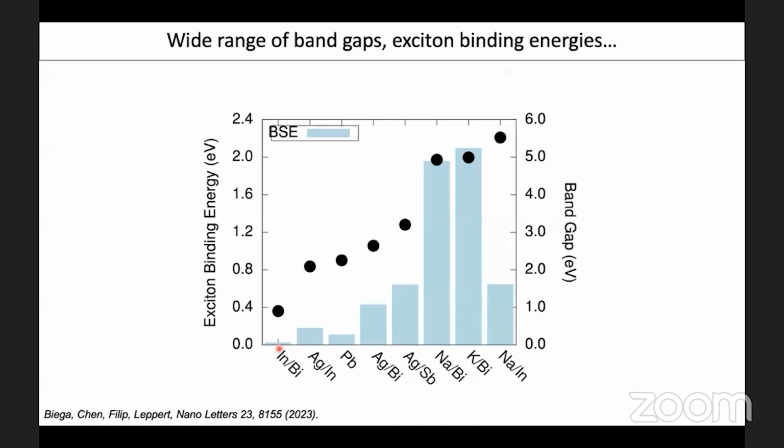You see we have some systems here that just have a couple of milli-electron volt binding energy, but we also have some systems that have almost 2 electron volt exciton binding energy, so almost molecular exciton binding energies here. What you also see at first glance is that the exciton binding energy does not necessarily scale with the size of the band gap. For example, one of the largest band gap materials, the sodium-indium combination, does not have the largest exciton binding energy.